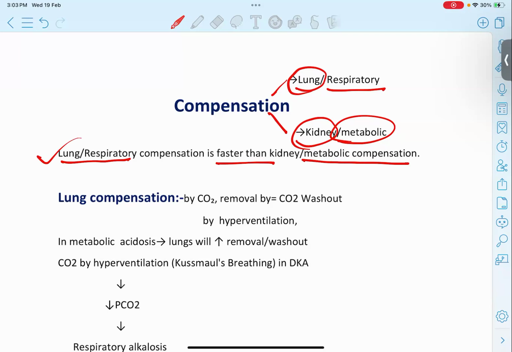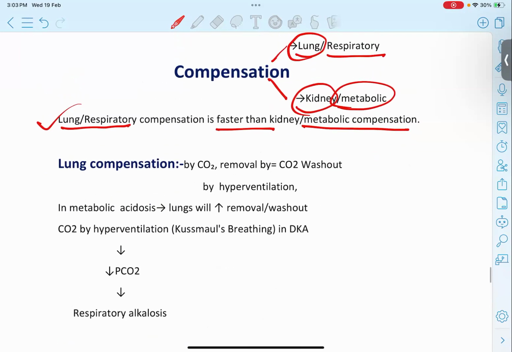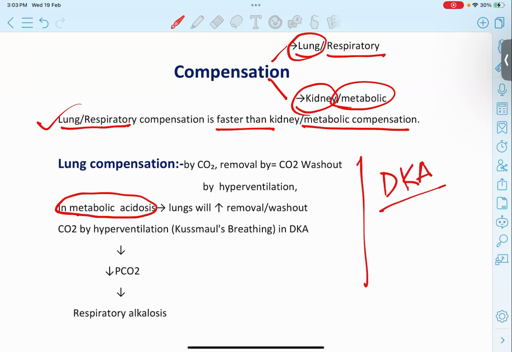So how does lung compensation work? Let me give you an example of metabolic acidosis: it can be DKA, diabetic ketoacidosis. In diabetic ketoacidosis, there is ketone body formation, and ketone is an acid. Since ketone is an acid, it is a metabolic acidosis, obviously, because this ketone production is a byproduct or waste product of metabolism.